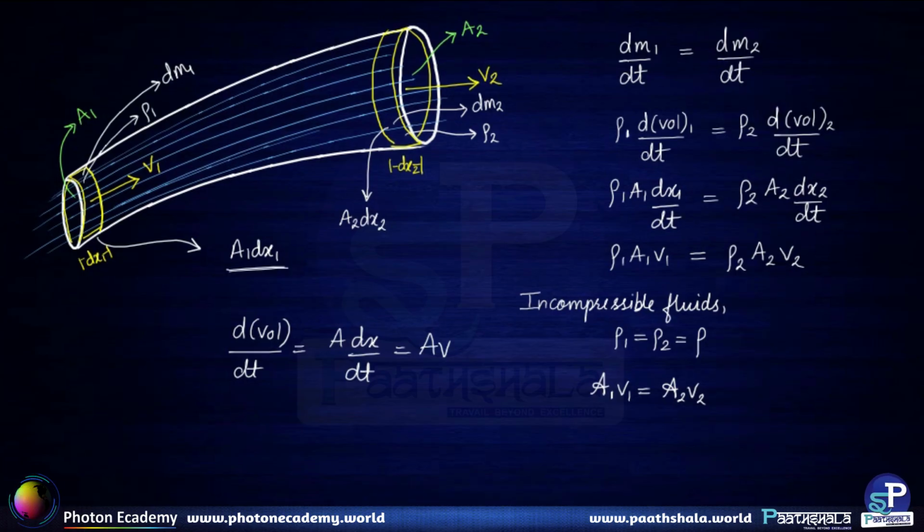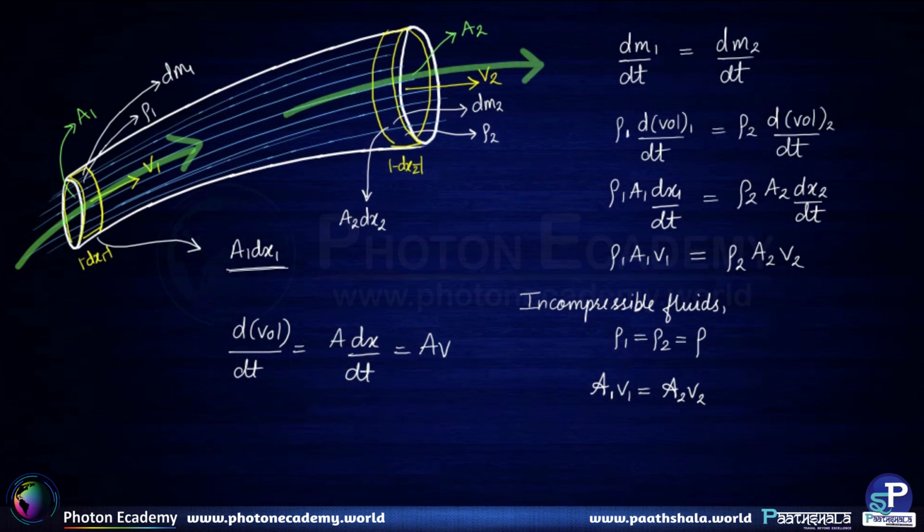And if the mass was to be considered and if the density were variable, then what were we claiming? We were claiming that the incoming rate of flow of mass is the same as outgoing rate of flow of mass, which is also exactly correct. So the incoming mass is going to be the outgoing mass per unit time.